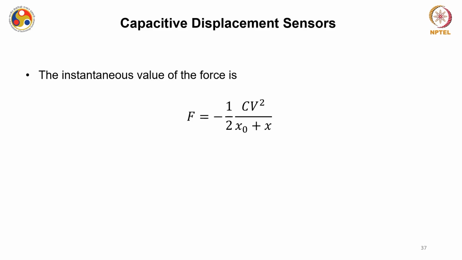And in terms of the capacitance, this instantaneous force can be given as minus half C by x naught plus x into V square. So this kind of capacitive displacement sensor is very important, where the movement of a central plate, which is tied to an object, is measured in upward and downward directions. So that kind of displacement it can detect very easily.